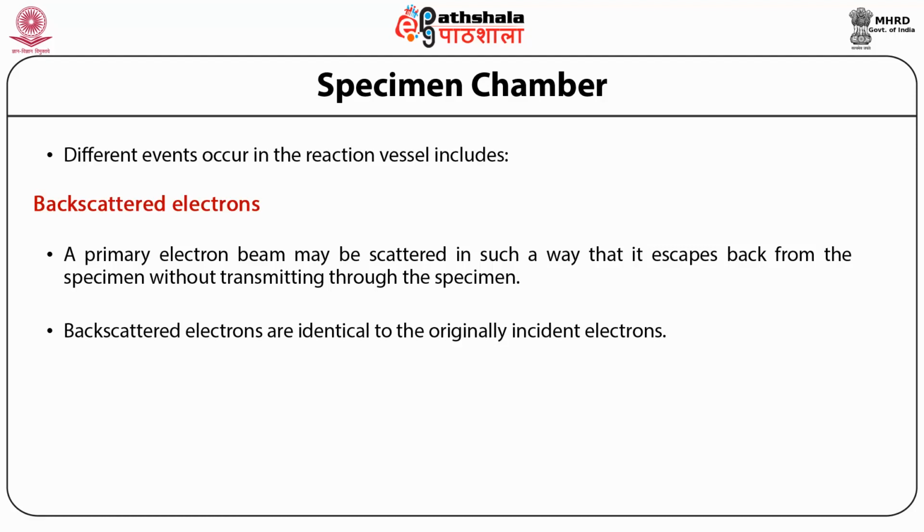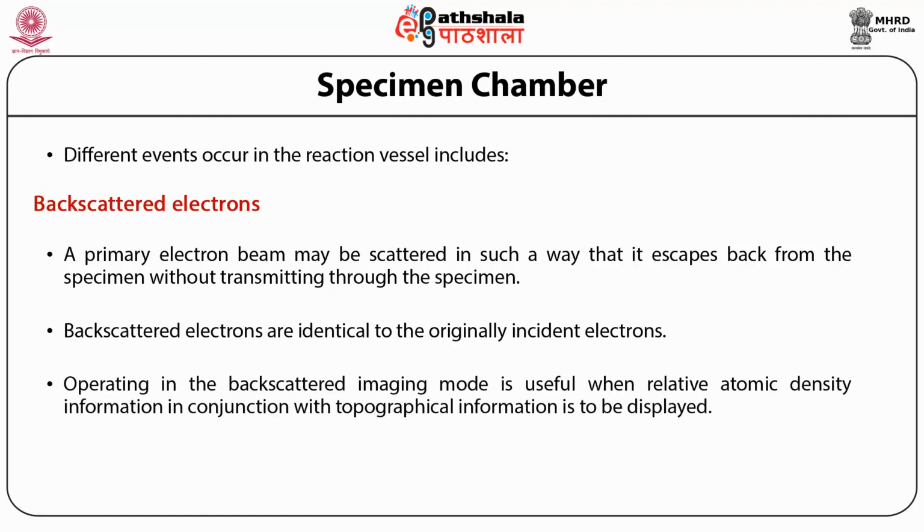Backscattered electrons are identical to the originally incident electrons. Operating in the backscattered image mode is useful when relative atomic density information in conjunction with topographical information is to be displayed.